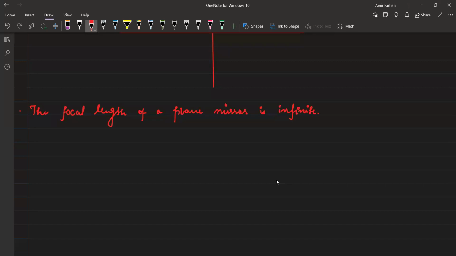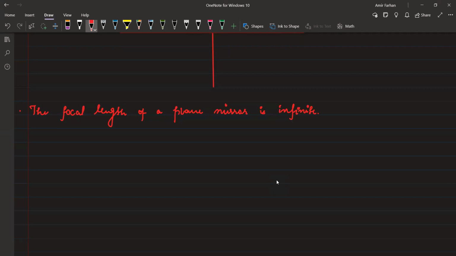Sir, the point where they intersect is infinity. Okay, you are very much close. You are right, but not that much correct.